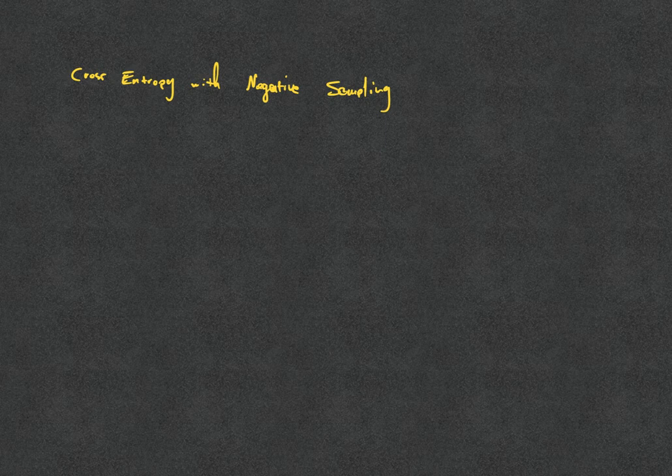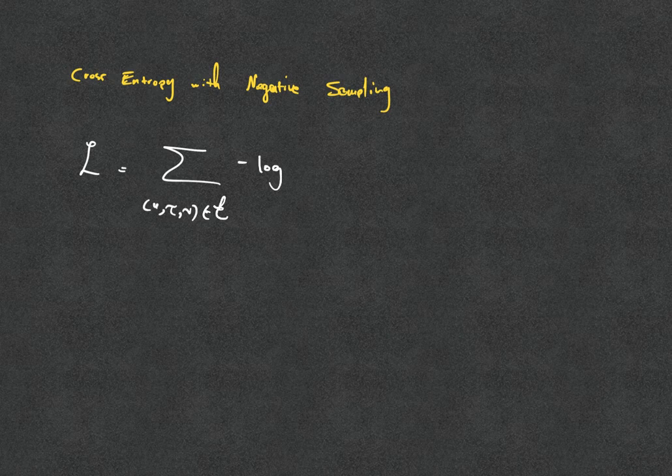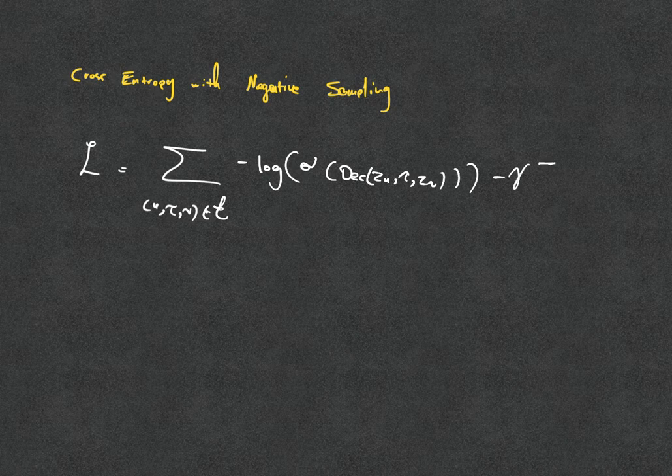So the first instance of these types of losses is cross entropy with negative sampling. For example, this is a definition of this loss. For every edge in the set of edges, you have this component, minus, and note that all of these are in the sum.